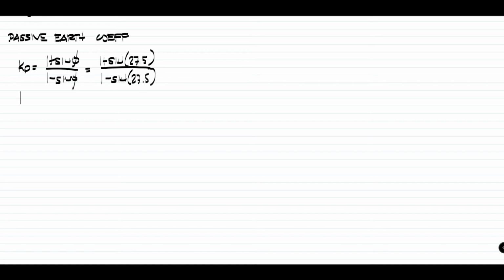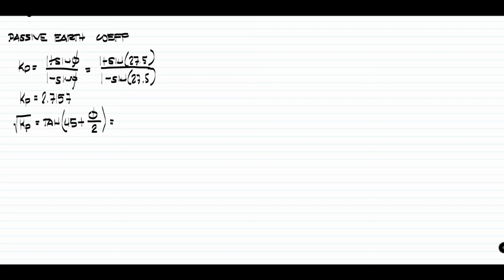So, our K sub P will just be equivalent to a value of 2.7157. And after this one, kailangan din natin yung square root of K sub P. So, that is equivalent to a value tangent 45 plus phi over 2.